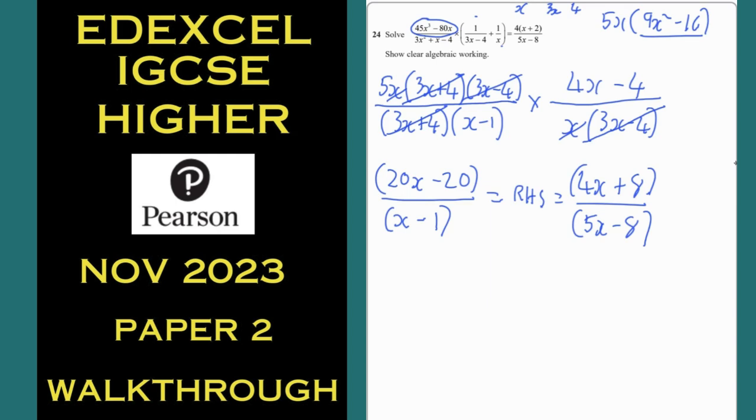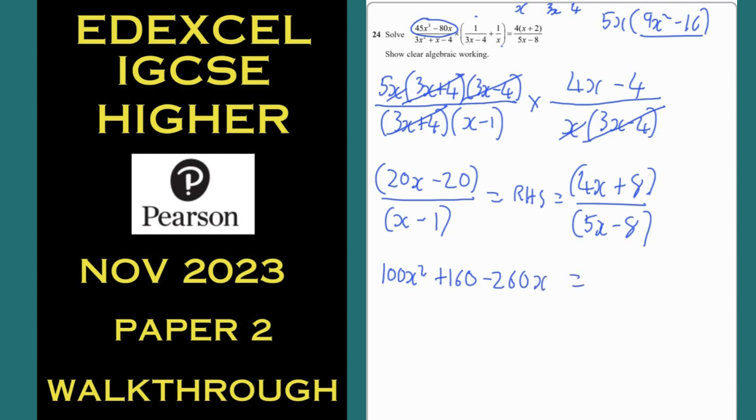So in other words, we're expanding this bracket and this bracket. So we get 100x squared. We get minus 20 times minus 8 is plus 160. Now we do the x terms. We've got minus 100 if we times them. And we've got minus 160. So we've got minus 260x.